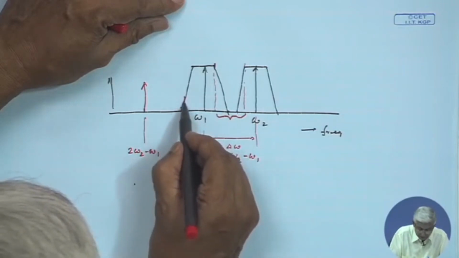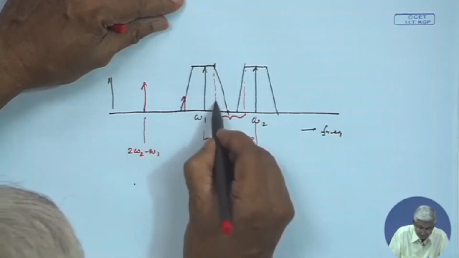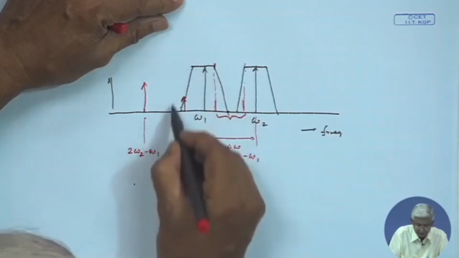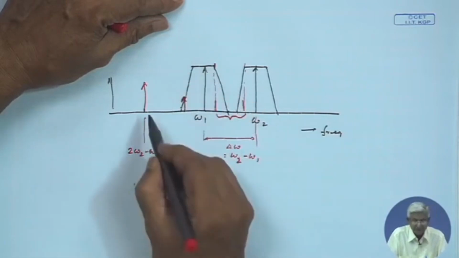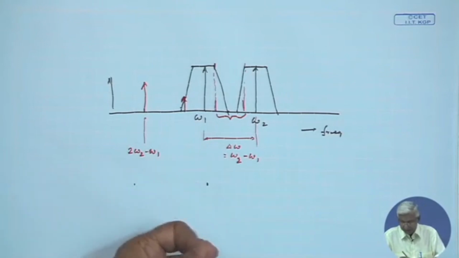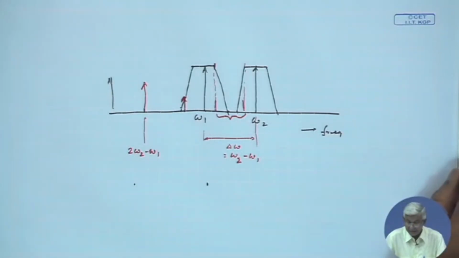It is possible that this and this product may fall within the filter bandwidth of one of the fundamentals, then it is a problem. So, therefore, these intermodulation products can create a problem, and intermodulation product comes because of the nonlinearity. And let us see some more definition of that nonlinearity.